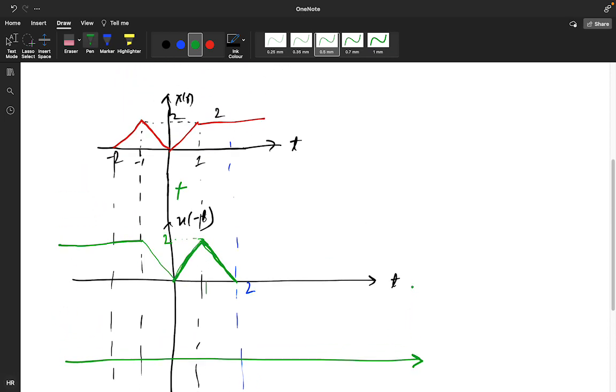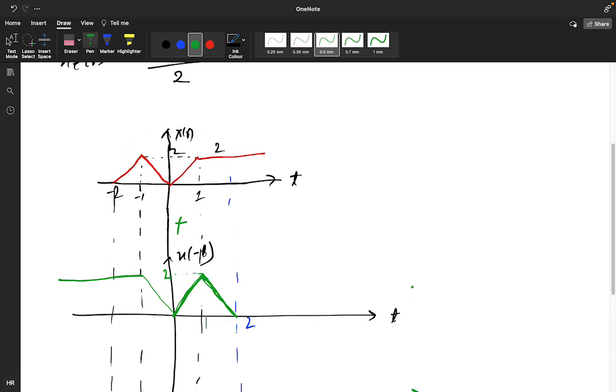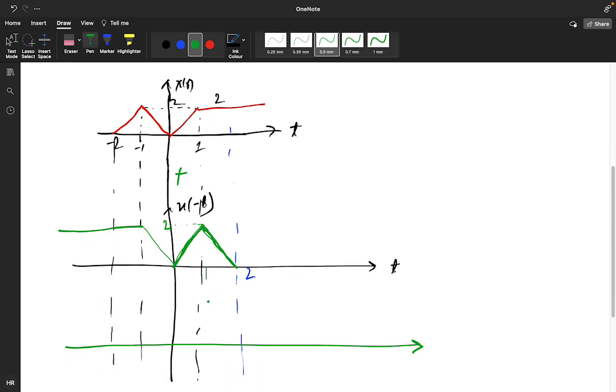Okay, first add, don't think about division, we'll do it later. So 2 plus 2 will give you 4. At this point I am saying 2 plus 2 I will get 4. Okay, so it is the midpoint. So all the values are getting doubled, so it will go like this only.